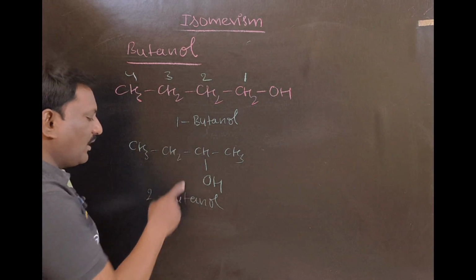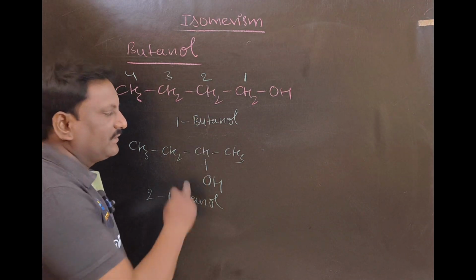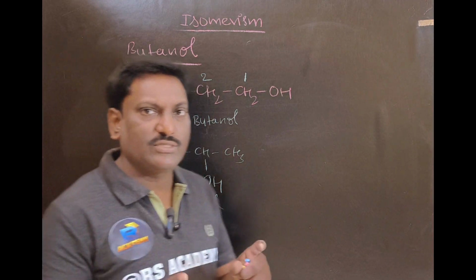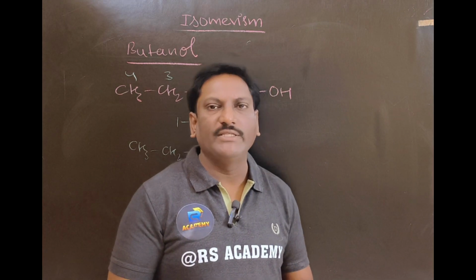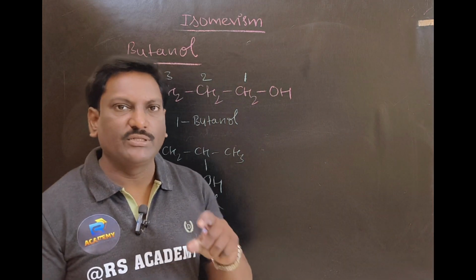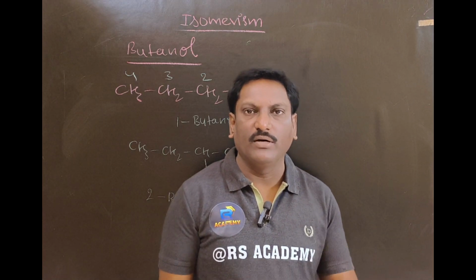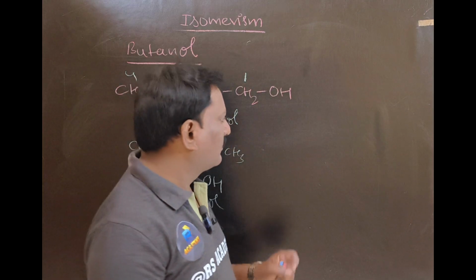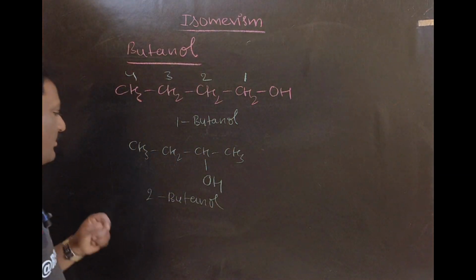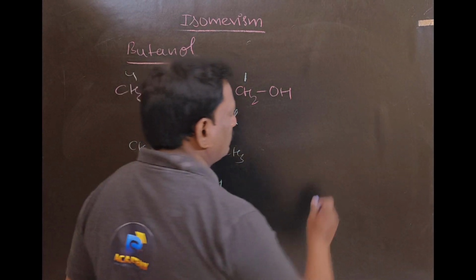So 1-butanol and 2-butanol have the same chemical formula, but these two structures differ in the position of the OH group. These are called positional isomers. This phenomenon is called positional isomerism. Right? So let us take one more example.